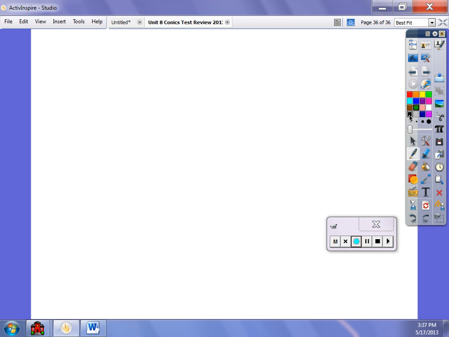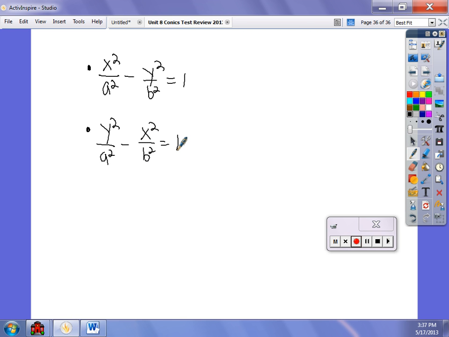So, here is the stuff for hyperbolas. You have two equations. Okay, this equation is going to be more horizontal, so you're going left and right.